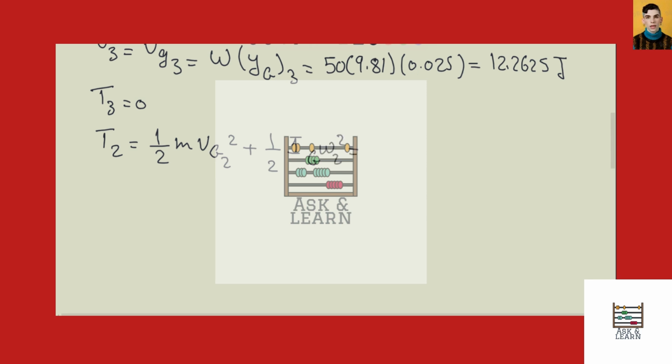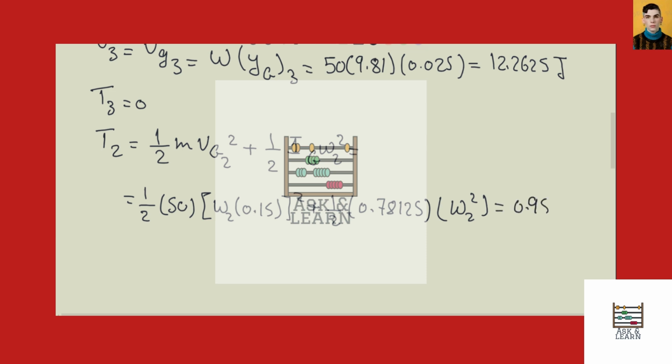So we have half multiply 50 multiply omega 2 times 0.15 square plus half multiply 0.78125 multiply omega 2 square. So in this case, it will be equal to 0.953125 omega 2 square.